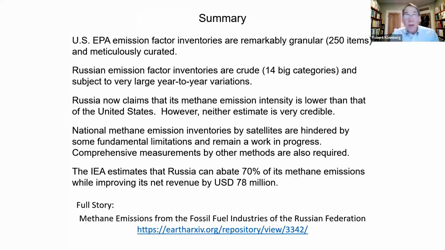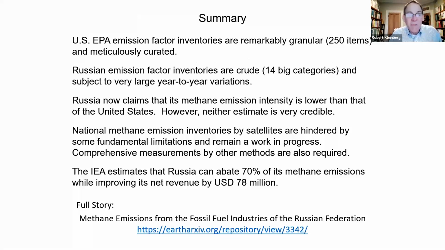So just to sum up, US EPA emission factor inventories are remarkably granular. We can be proud, our taxpayer dollars at work, and they are meticulously curated. I mean, wow. Russia, not so meticulous.